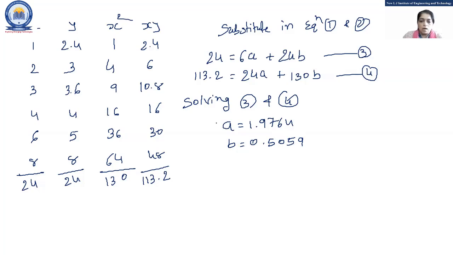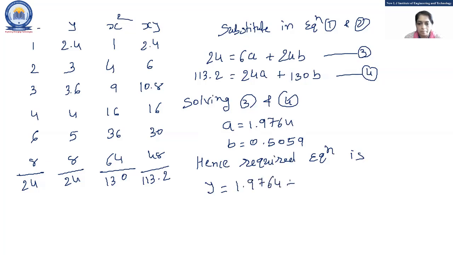Now, we are going to substitute these two values A and B in our given equation. So hence, the required equation is y is equal to A, that is 1.9764 plus B, 0.5059 into X.